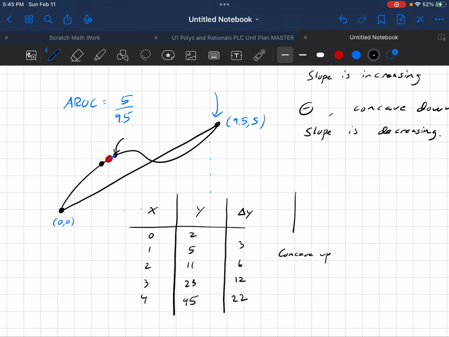Basically, if you start at (0, 2) and go to (1, 5), since the y value distance is increasing, your graph is just going to jump farther and farther up. So it's going to be concave up.